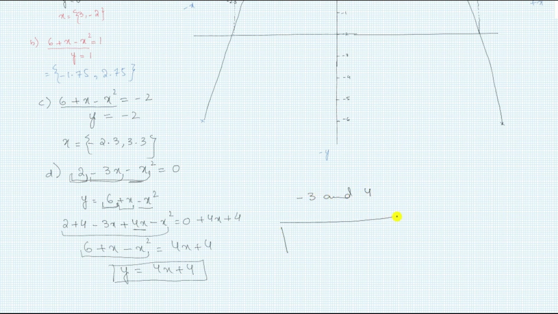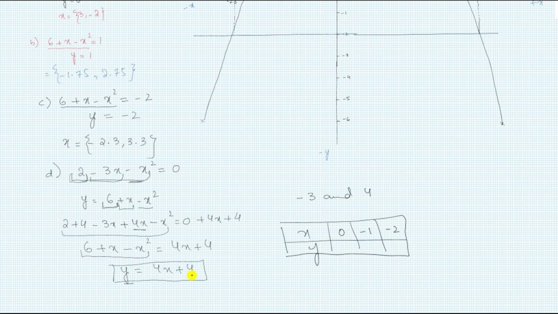So from this x range, we can take 0, minus 1, minus 2. If we take 0, we will substitute 0 in the equation y is equal to 4x plus 4.